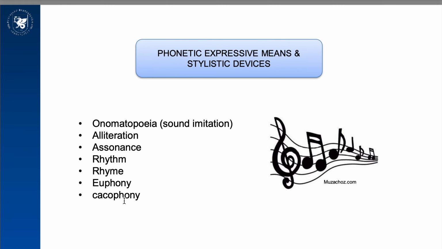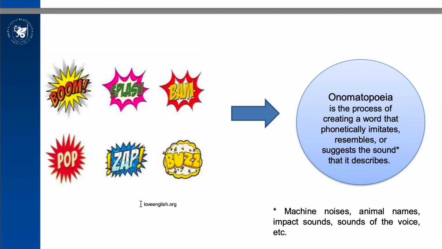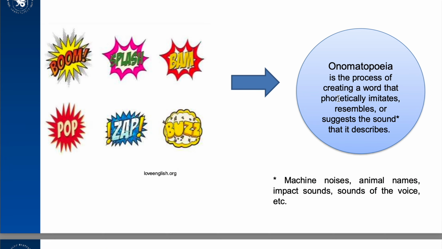Okay, phonetic expressive means and stylistic devices: onomatopoeia, sound imitation, alliteration, assonance, rhythm, rhyme, euphony, cacophony. Onomatopoeia is a process of creating a word that phonetically imitates, resembles, or suggests the sound that it describes, like machine noises, animal names, impact sounds, sound of the voice, and so on.